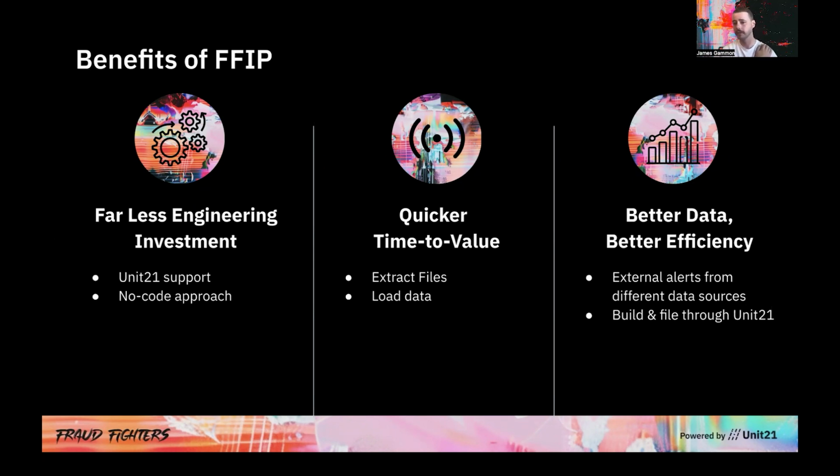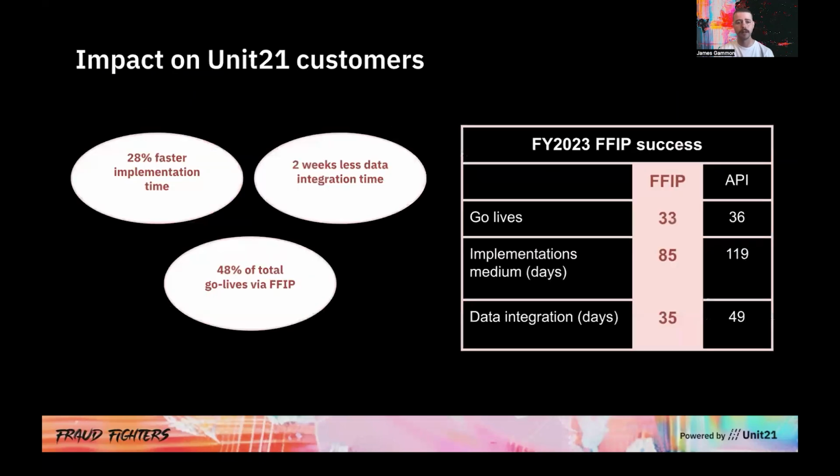And then in general, this also can be achieved through API, but the better the data within the system, that is, the Unit 21 system, the more effectively you can utilize the system. So the better the data is, the better the platform is in general for your teams.